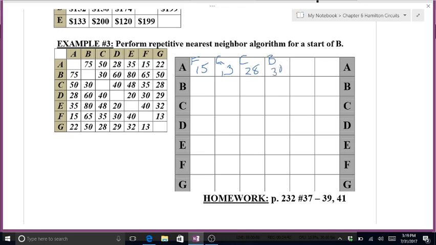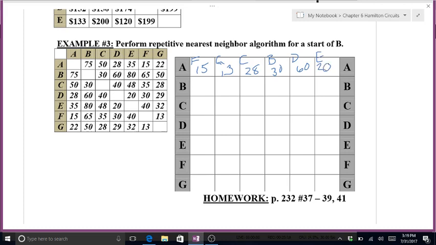From B, we have to go to either D or E. D is 60, E is 80, so it looks like we're heading to D. And B to D is going to be 60. And from D we have to go to E. D to E is going to be 20.